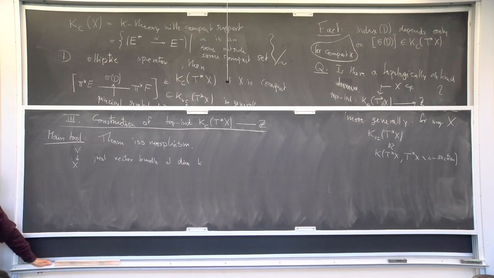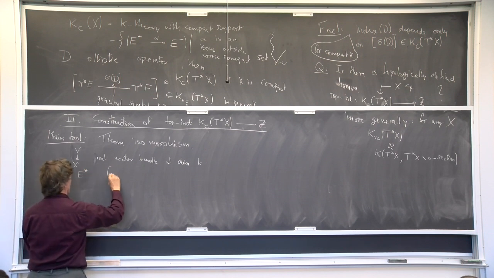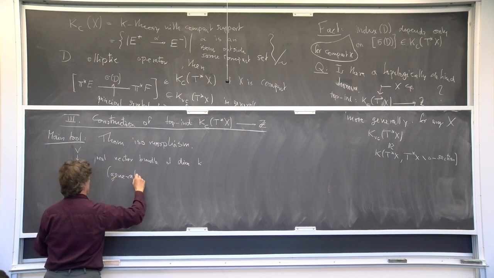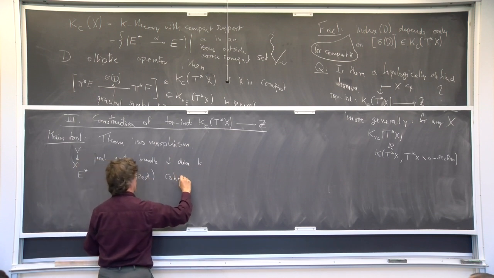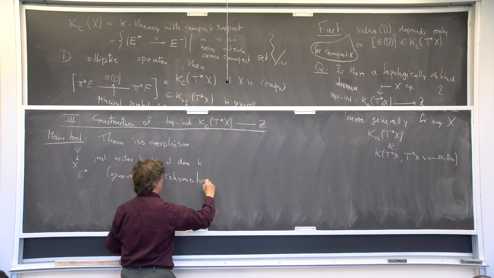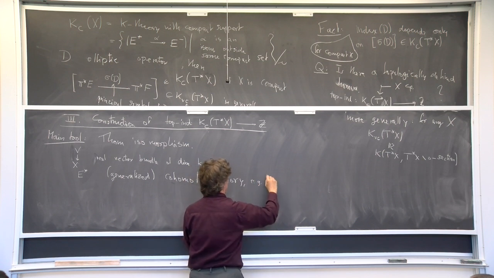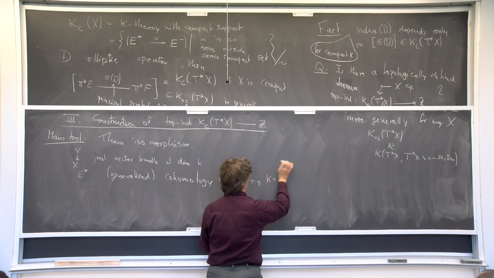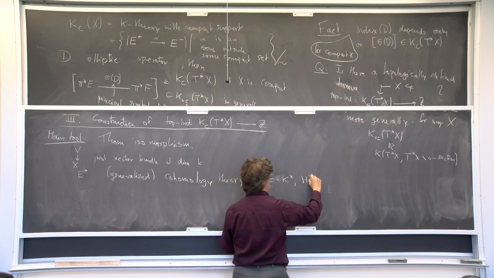So let's think about a general cohomology theory E, a generalized cohomology theory, which can be K-theory, or ordinary cohomology.